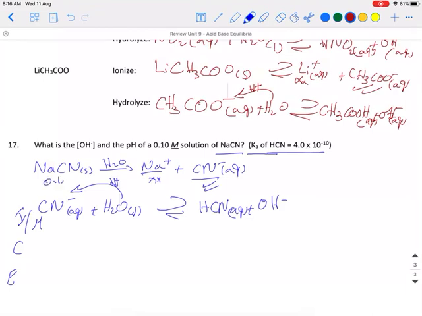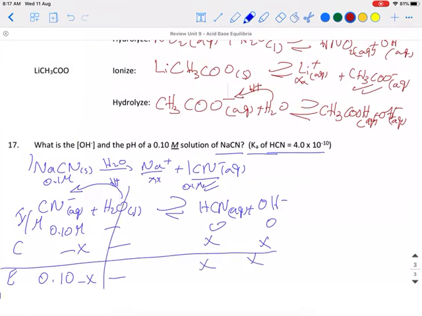Now I can construct the ICE table. The initial concentration, if this is 0.1 molar, so CN minus is 0.1, the ratio is 1 to 1. No concentration for liquid. HCN is 0. OH minus, I will assume it's 0. Change by reaction: minus x, x and x. At equilibrium: 0.1 minus x, x and x.